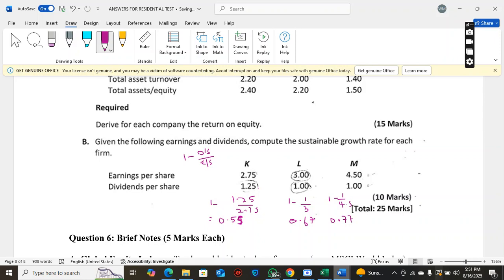Retention means you're retaining your profits so that you can use them for growth purposes instead of giving them to your shareholders. So which one would you likely buy shares in? Yeah, because it's retaining less.